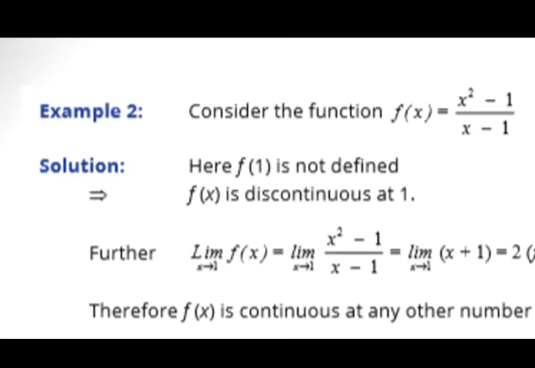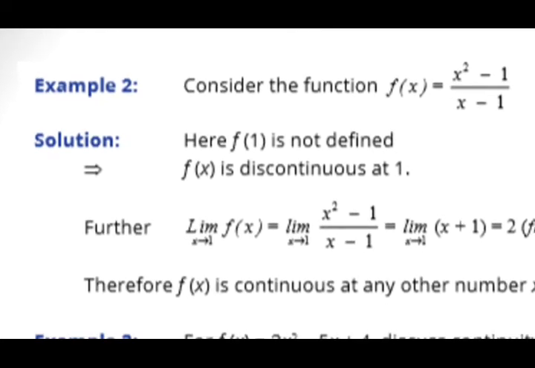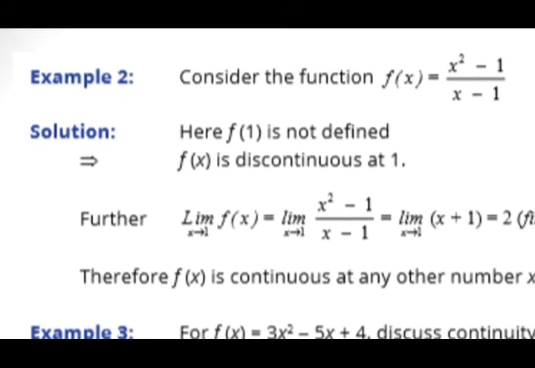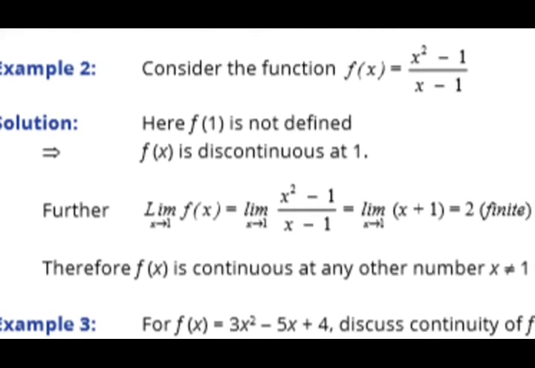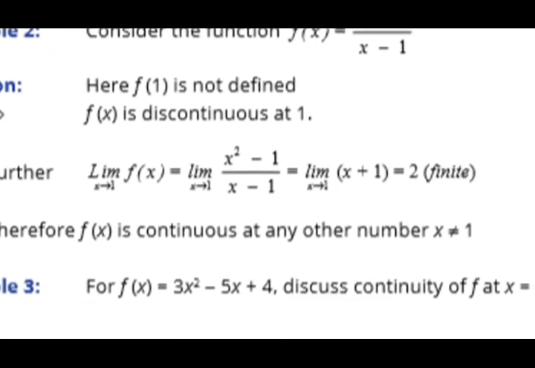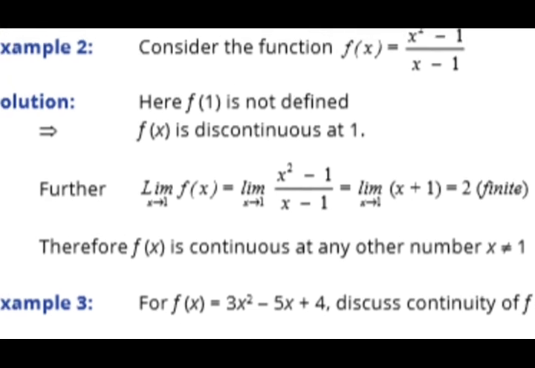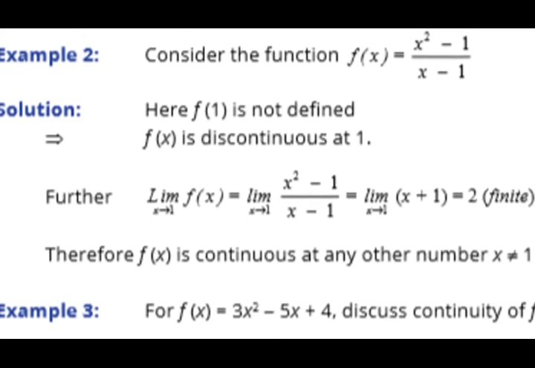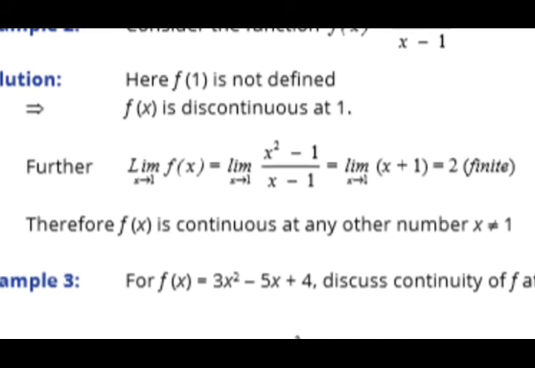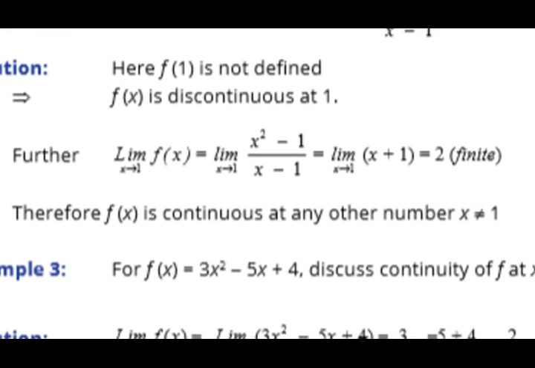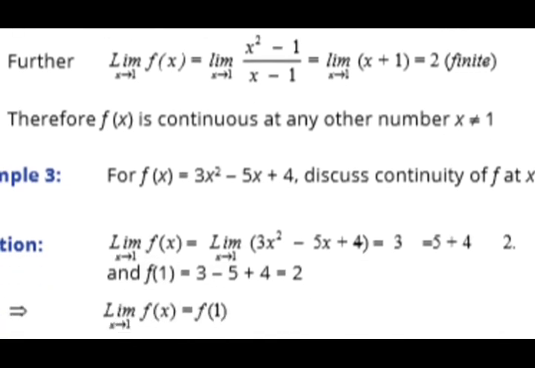F of 1 is not defined, so f of x is discontinuous at x equal to 1. If we directly put 1 in the function, it gives 0 over 0, an undefined form, but when we simplify it, it gives 2. Therefore f of x is continuous at any other number except x equal to 1.